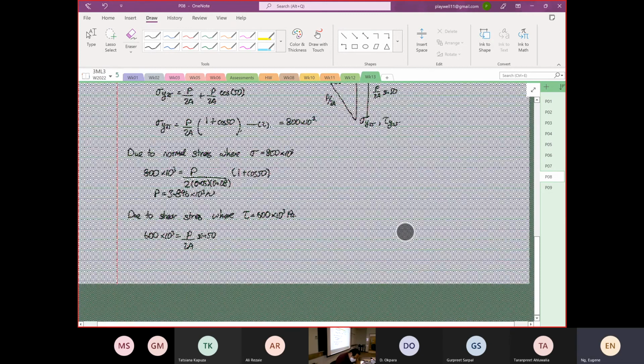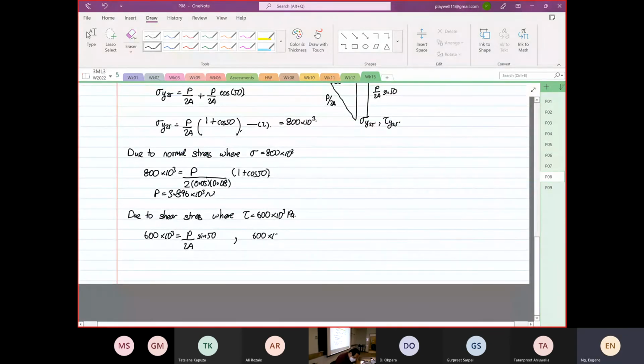So I will write on the side: 600 times 10 to the power 3 equals P over twice 0.05 times 0.08, times sine 50. From here, P is equal to 600 times 10 to the power 3 times 2 times 0.05 times 0.08 divided by sine 50, which equals 6.266 times 10 to the power 3 Newton.